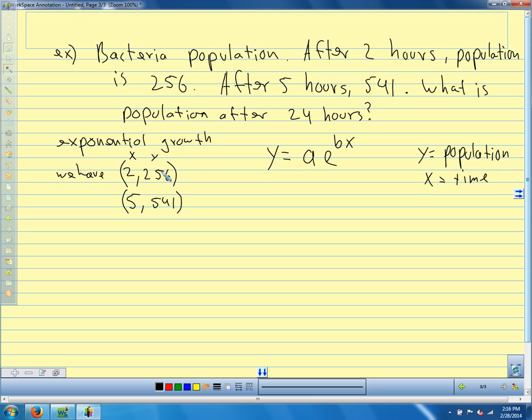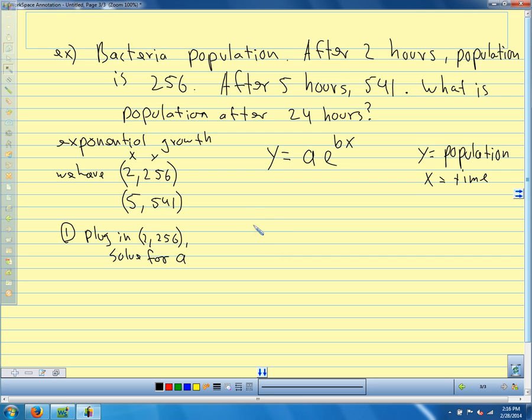Well, this we do end up with a system of equations, but this time our equations are exponential equations. So the first thing we're going to do is plug in the first set of numbers and solve for a. So let's plug those numbers in.